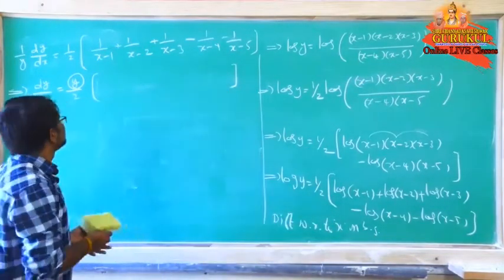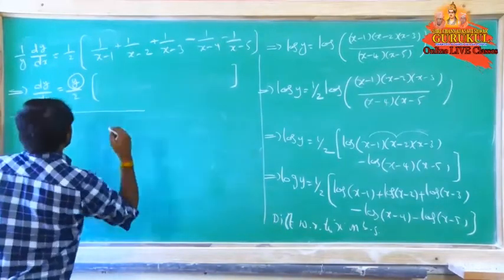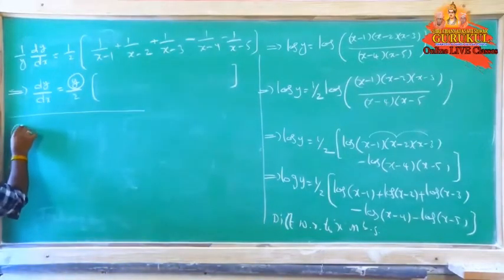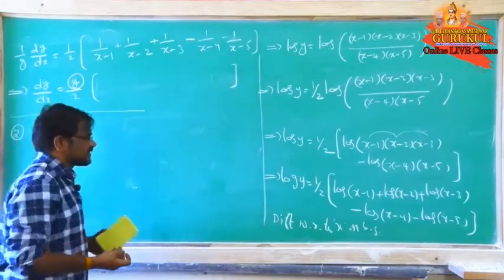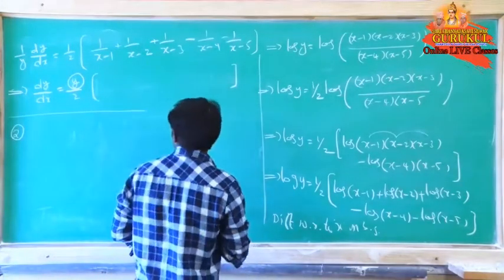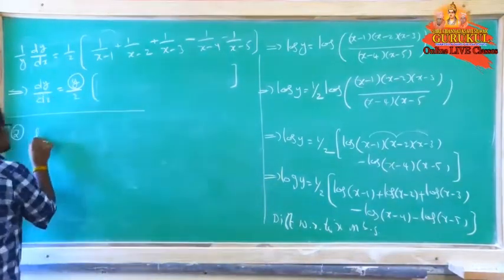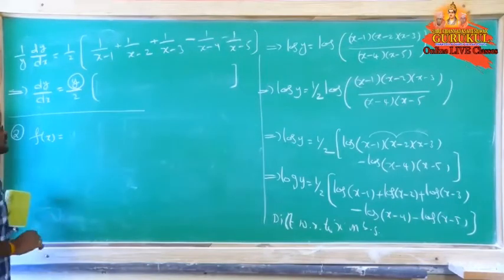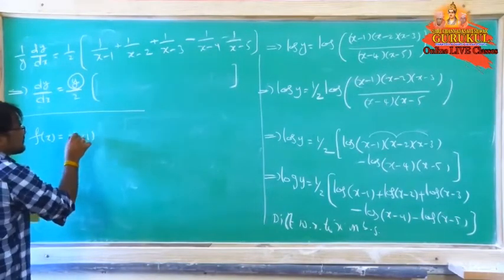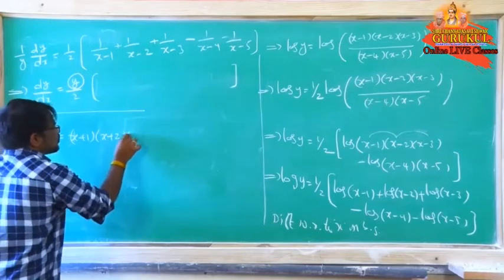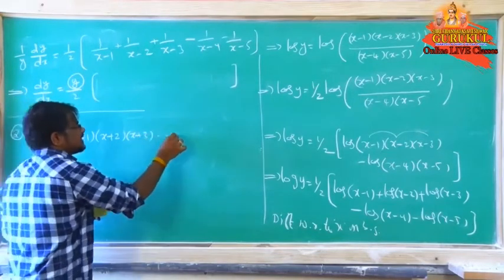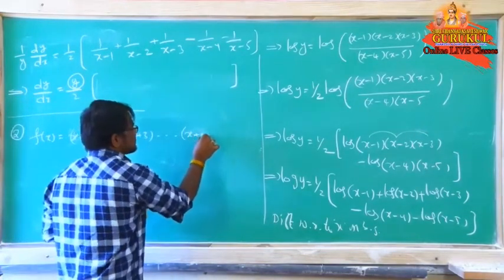Okay, right? Now next I will take one more problem in this one. When the product of many terms is given, what do we have to do? First of all, here f of x equals, suppose they gave, (x plus 1)(x plus 2)(x plus 3) etc. up to (x plus n).